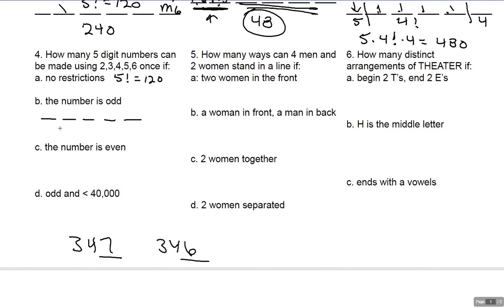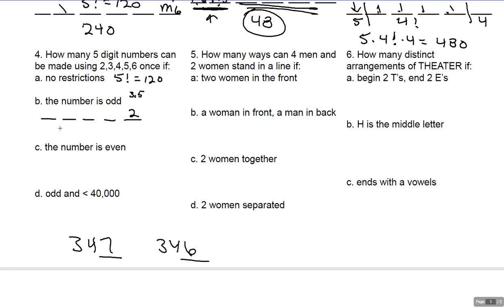Okay. Now, that means that the last digit has to be which numbers? They have to be the odd ones. What do I have available to me? 3 and 5. So I could put a 3 or a 5 here, yes? So that means how many choices do I have? I've got 2 choices for this last spot.